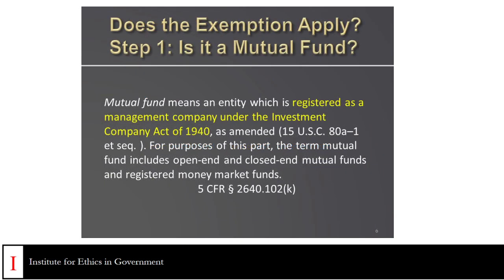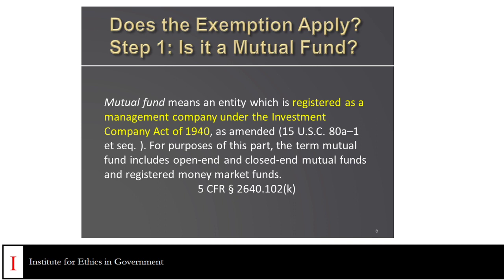The first step in our analysis is to determine if the entry discloses a mutual fund. You should start by looking at the definition of mutual fund in the OGE regulations at 5 CFR Section 2640.102. For purposes of the exemptions, we define a mutual fund as an entity which is registered as a management company under the Investment Company Act of 1940, as amended, 15 U.S.C. 80a-1 et seq.